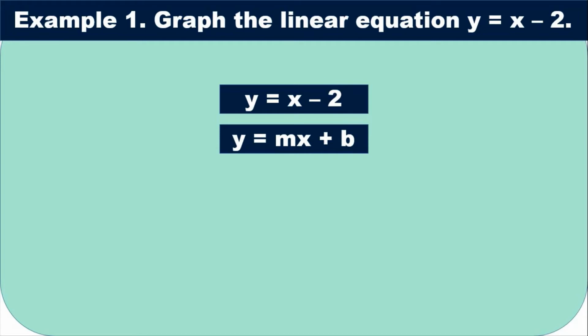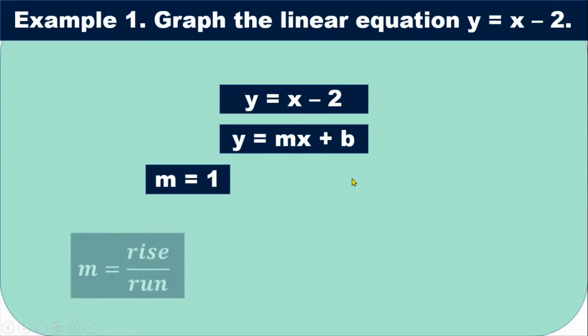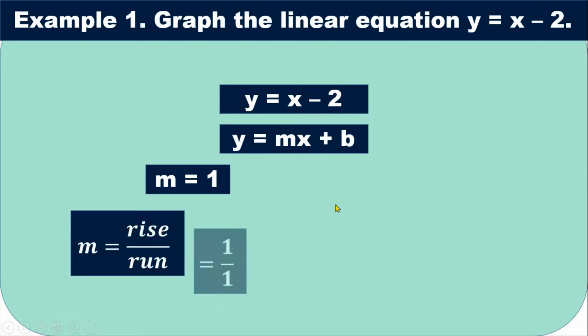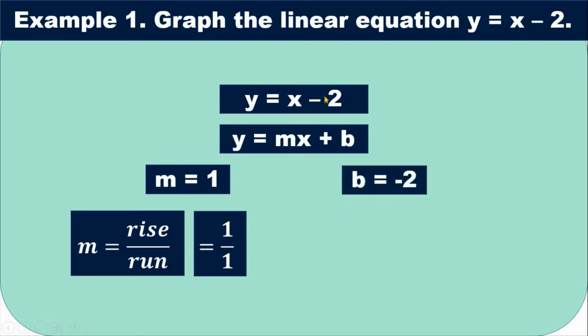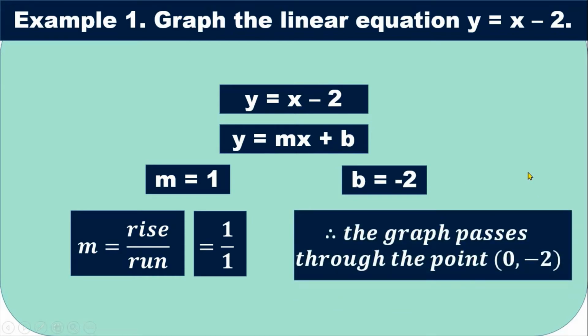And looking at the given, it is already written in the slope-intercept form, where m is 1, the coefficient of x, which means that the rise over run of this line could be 1 over 1, could also be 2 over 2, or 3 over 3, and so on, for as long as the simplified form of the fraction is 1, while the b or the y-intercept of this equation is negative 2, which means that the graph passes through the point 0, negative 2.